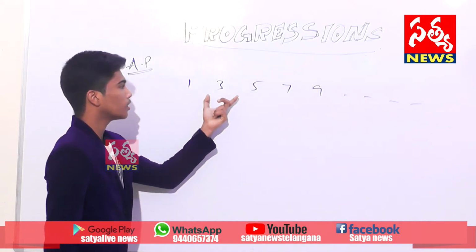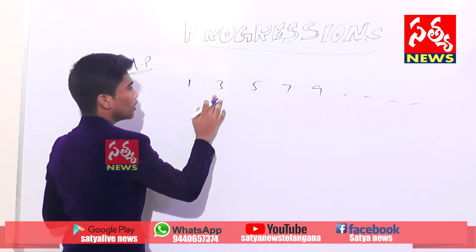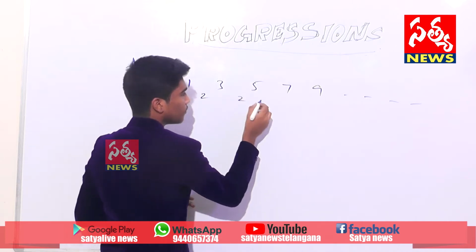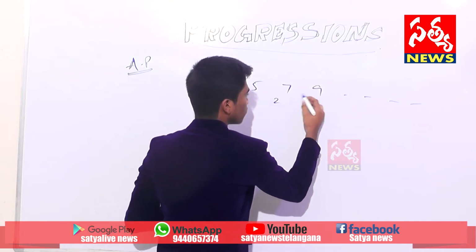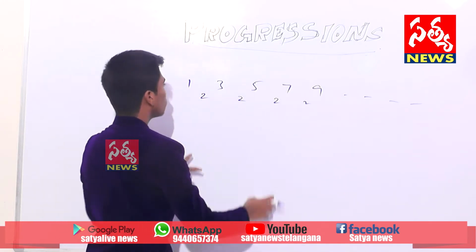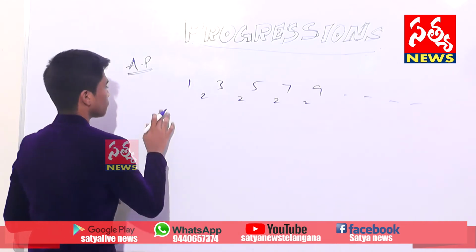See here, for every two consecutive numbers 1, 3, there is a difference of 2, and 5, 3, here also a difference of 2, 7 and 5, 9 and 7. So if the difference is constant, then the series is said to be in an AP.